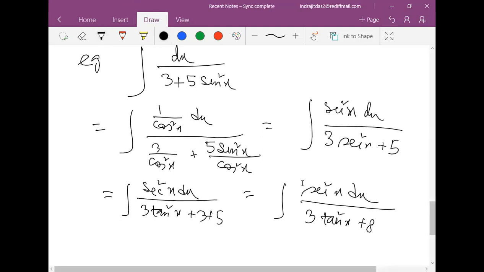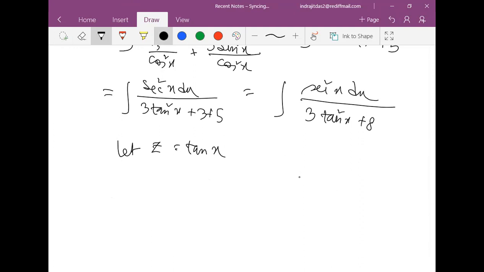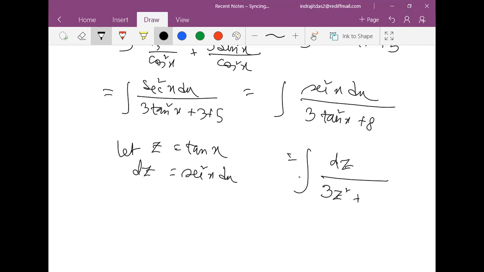Now we have the same type, again same method: let z equal tan x. So dz will be sec square x dx. So the answer now will proceed like this: dz by 3z square plus 8.